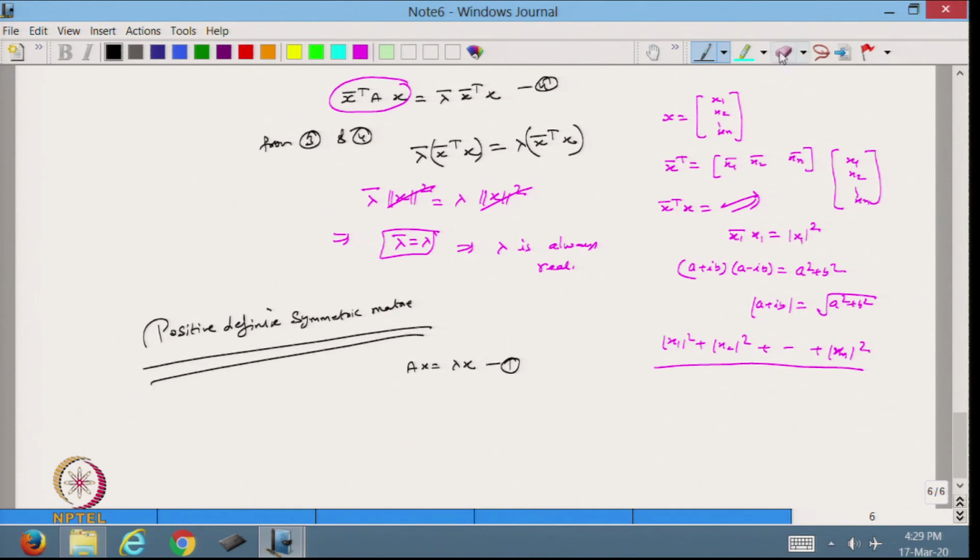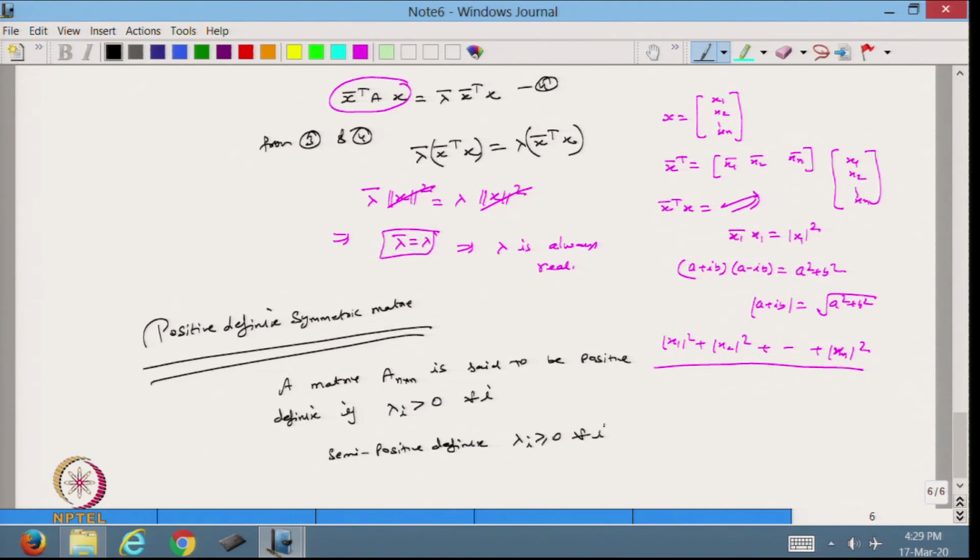Now, positive definite means that a matrix A, that is n cross n, is said to be positive definite if all eigenvalues are greater than 0, and it is called semi positive definite if lambda I is greater than or equal to 0 for all I. So, it means that all the eigenvalues should be greater than or equal to 0.